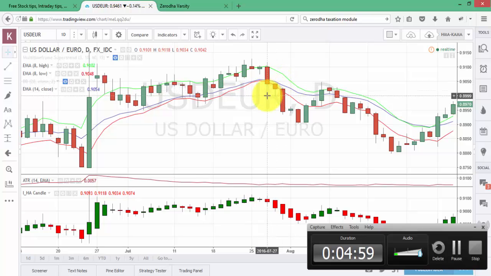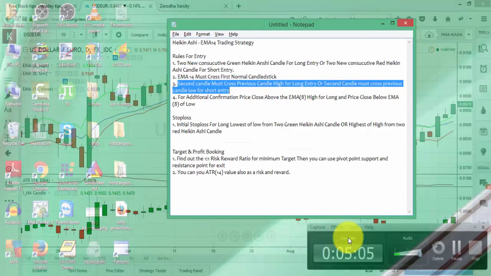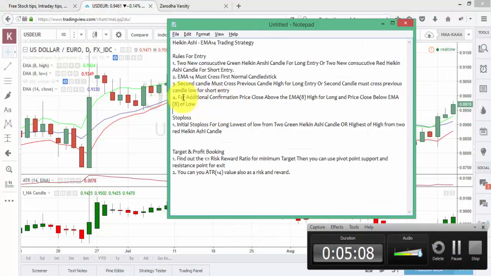But now I am also going to add one additional rule. Let's take a look at this additional rule. For additional confirmation, it gives you a great confirmation. It will filter many false signals for you. For additional confirmation, the price must close above the EMA8 high for a long entry, and we are going to draw it in green.